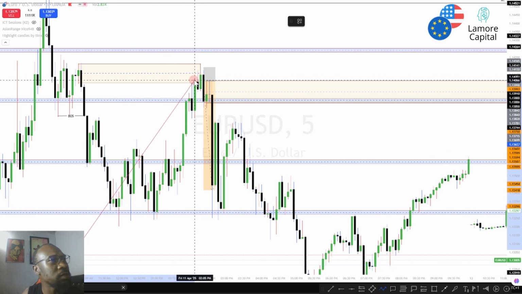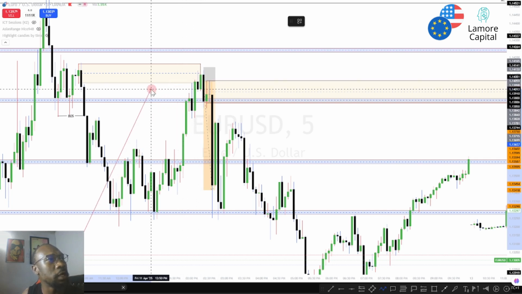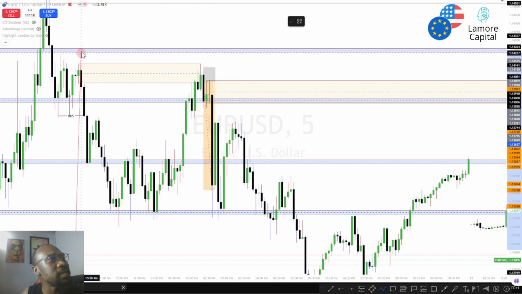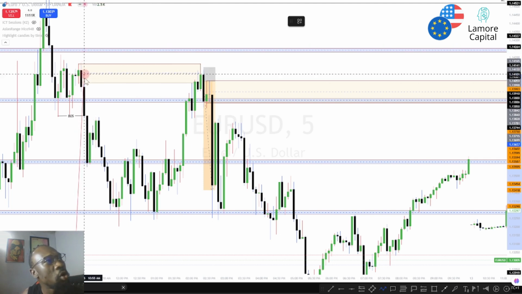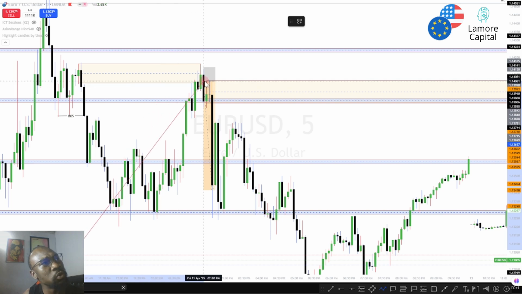And when it comes back to respect this order block, I expected that this particular order block was going to be respected because of what? Because it's the closest to liquidity. Can you see this last zone? This last zone is closest to liquidity. So as I see this zone, I knew that for it to be close to this zone, this market was going to respect this particular order block.